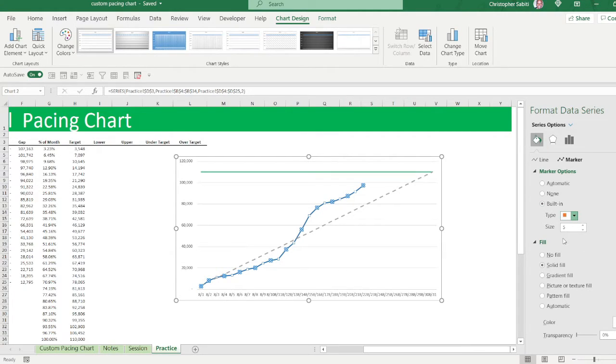I can go with the diamond. Diamond will work for me. You can pick any. You can pick the circular. We increase its size, just want it to be visible, and that is all. So I've done some edits. We can go with this.